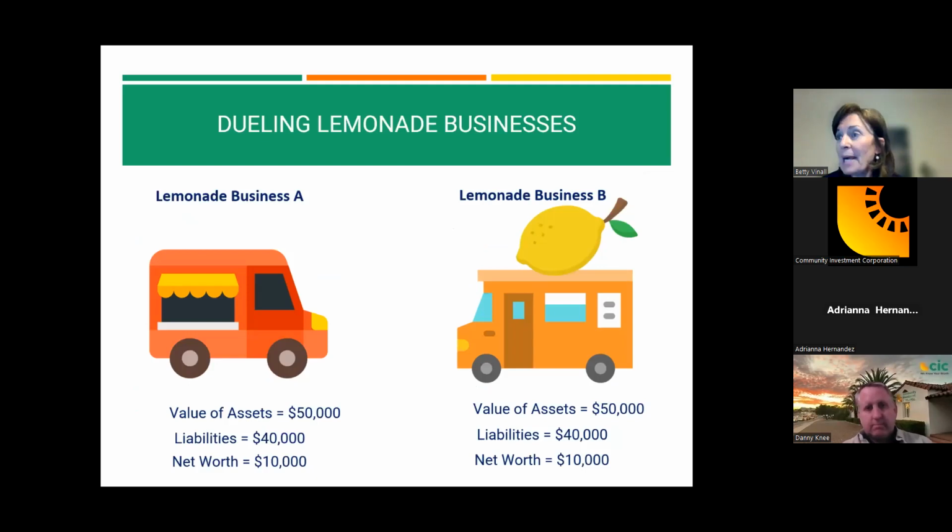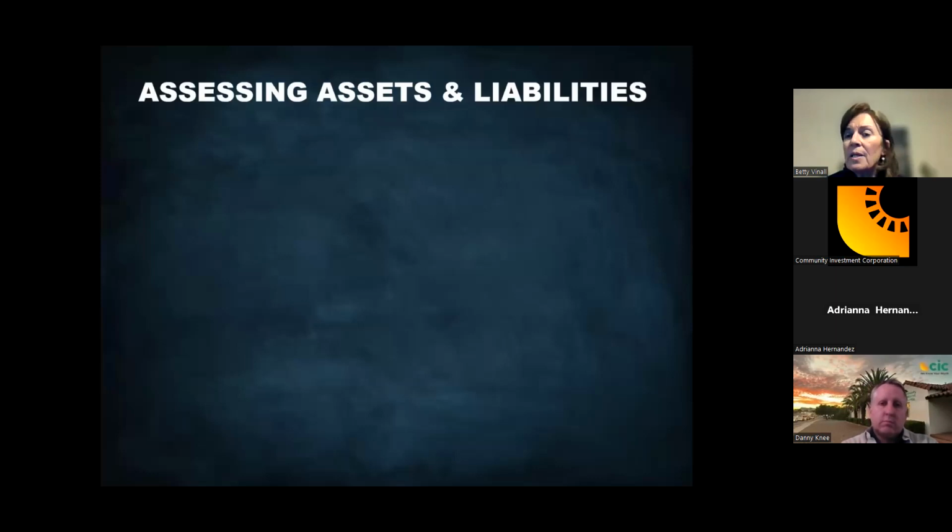So back to our dueling lemonade businesses, which at this point look the same, except for the colors and the lemon on top of one van, but their balance sheet looks the same. So now we're going to go through an exercise and assess their assets and their liabilities.